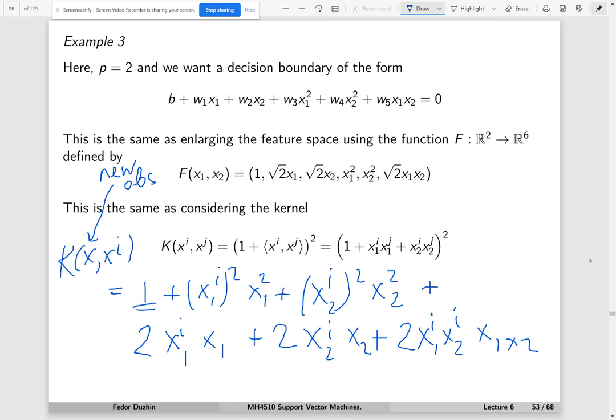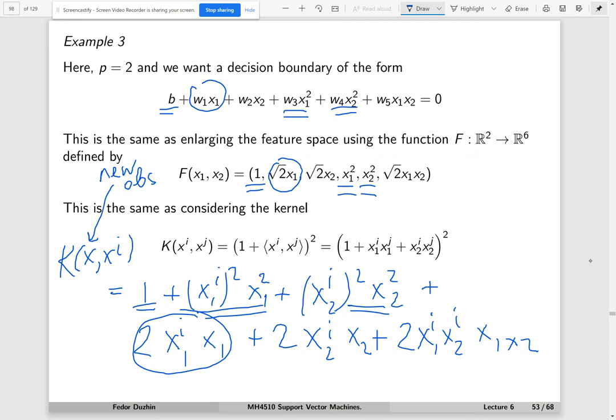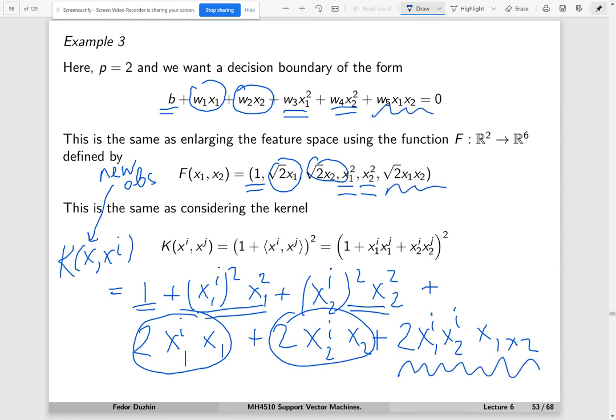I have the constant term here. I have the quadratic term x1 squared here, here and here. I have the other quadratic term x2 squared here and here. I have the linear terms here, and the other linear terms here, and the mixed term here. So all the terms are here.